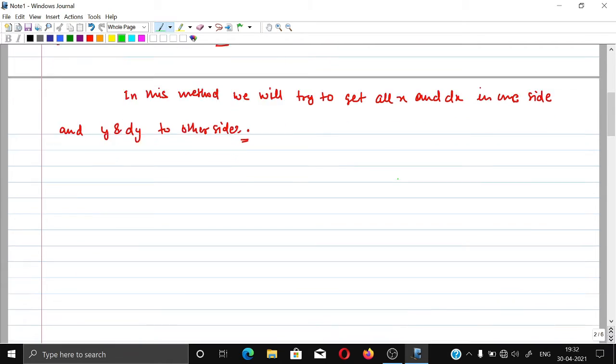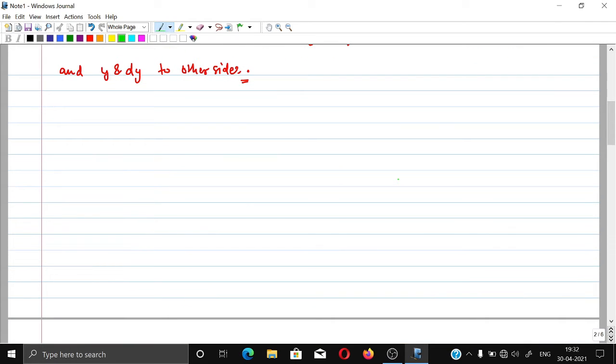After separating variables you need to follow some steps to get the solution. Our first step is to arrange the equation in the form dy by dx equal to f1(x) f2(y), where you are given two functions f1(x) and f2(y).